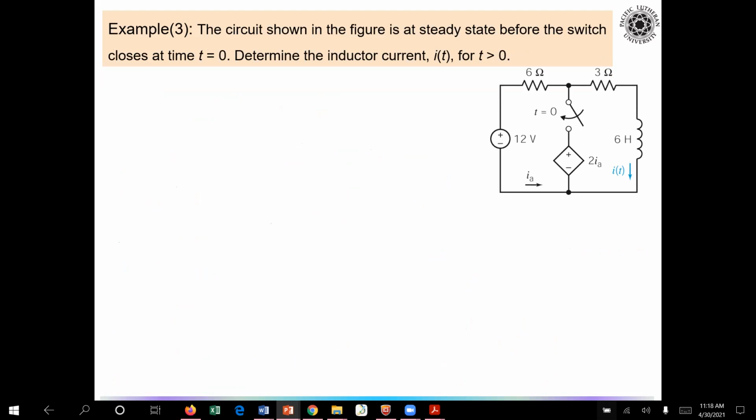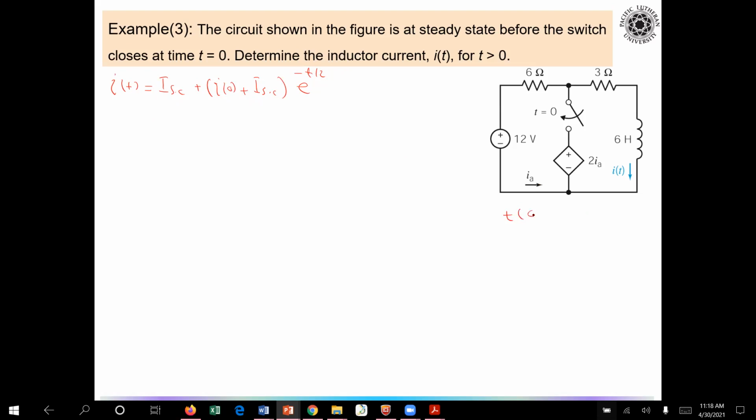Here I have the inductor, so the formula is still I of t equals I short circuit plus I of 0 minus I short circuit, times exponential of minus t over tau. Same thing, I'm looking for those 3 parameters: I short circuit, I0, and tau. We do the same thing as in the previous example.